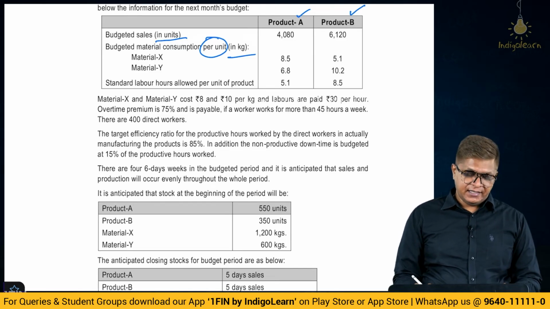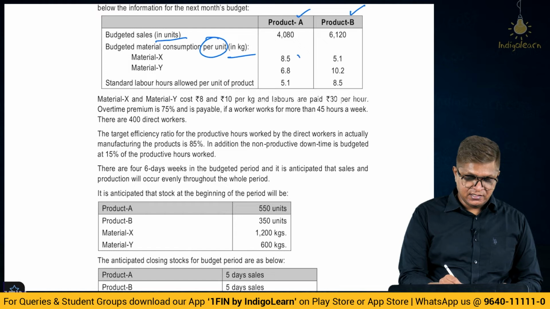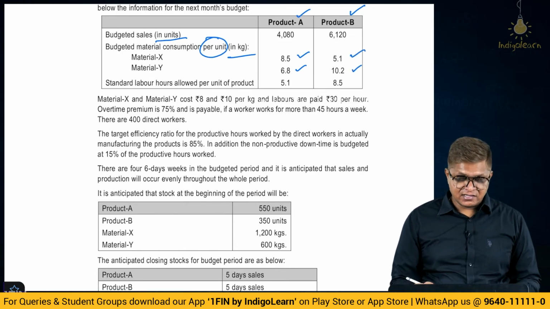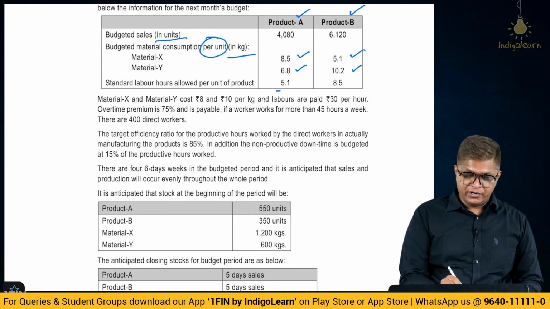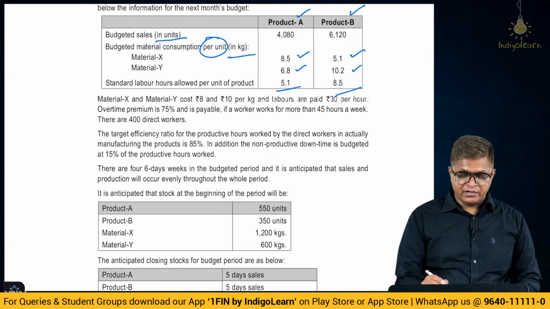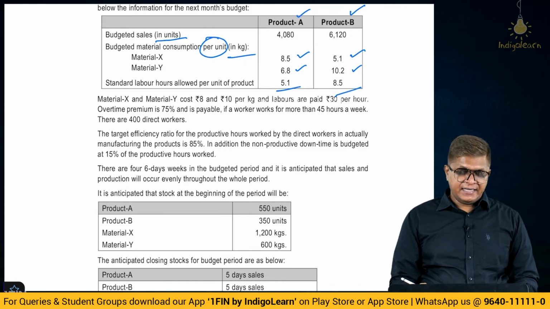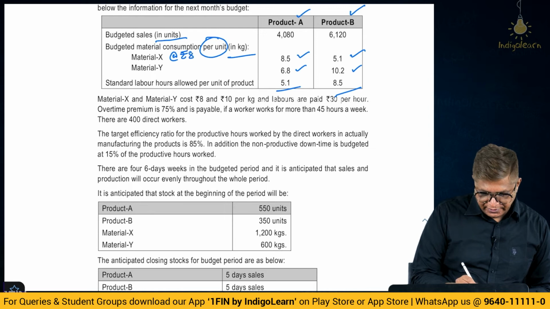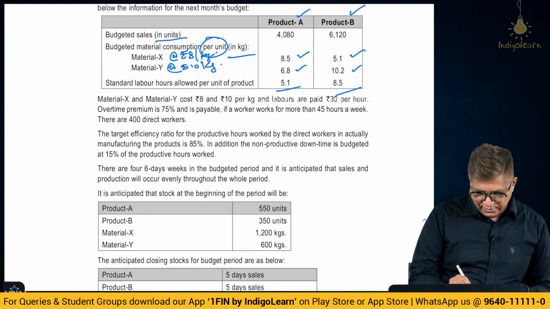So for each unit of product A, we require 8.5 kgs of material X and 6.8 kgs of material Y. Likewise for B, 5.1 of X and 10.2 of Y. The standard labor hours allowed per unit of product is 5.1 hours for A and 8.5 hours for B. Material X and material Y cost rupees 8 and 10 per kg and labor is paid at rupees 30 per hour.